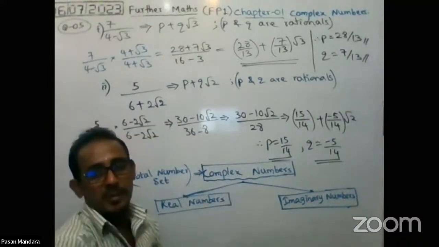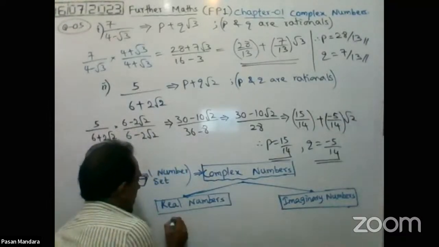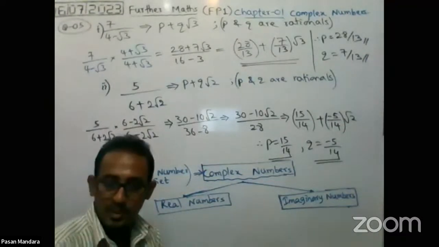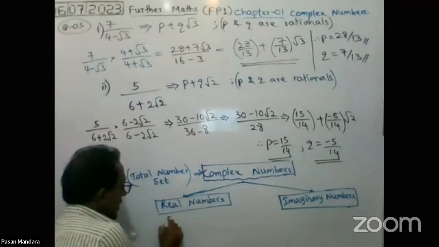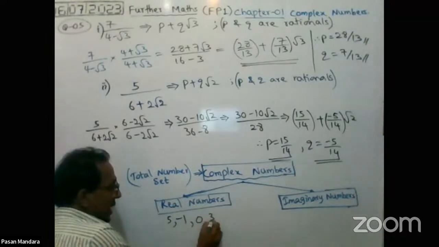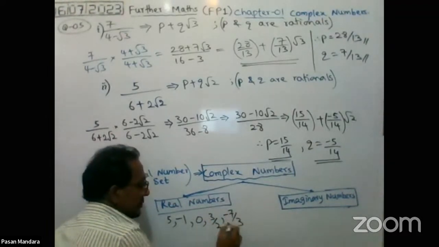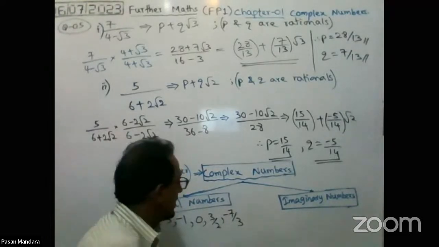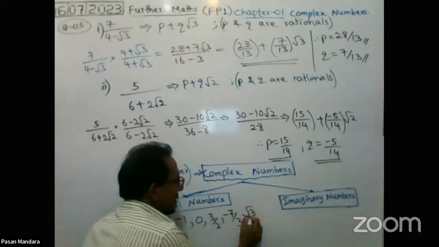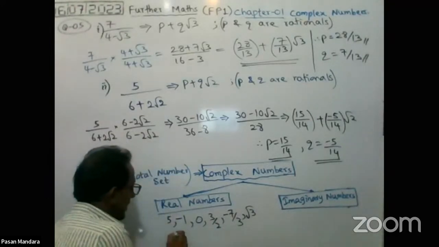Real numbers, imaginary numbers, they are. So real numbers means like 5 real, positive integer, negative integer real, 0 real, fraction real, minus fractions real, right? These all are real numbers. Decimals real.